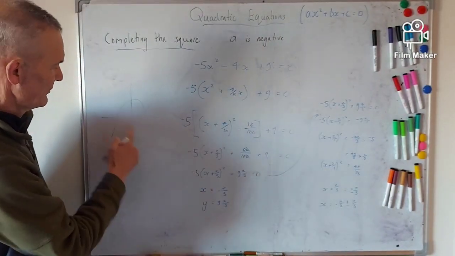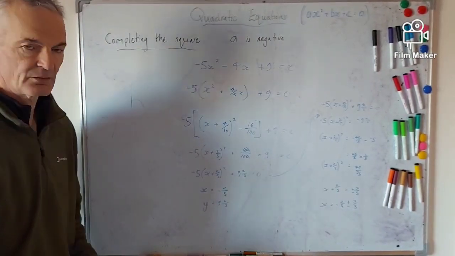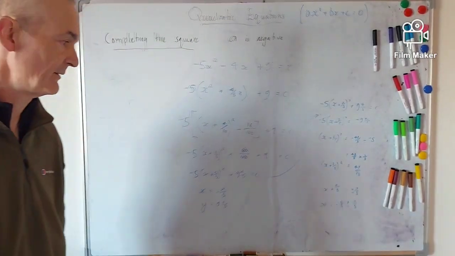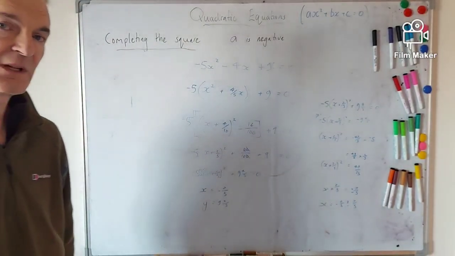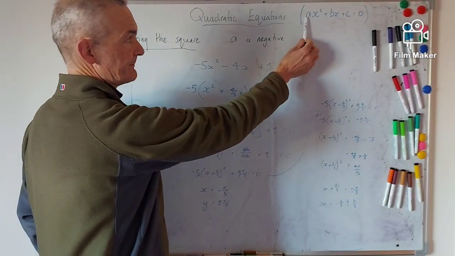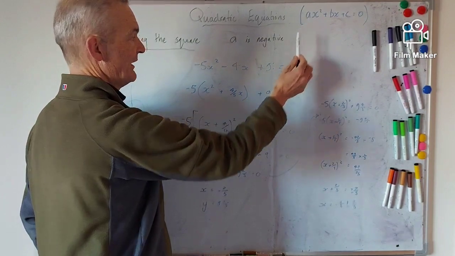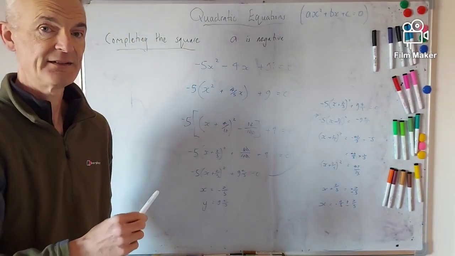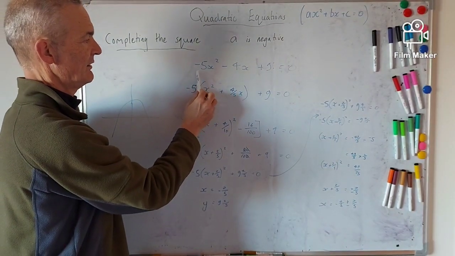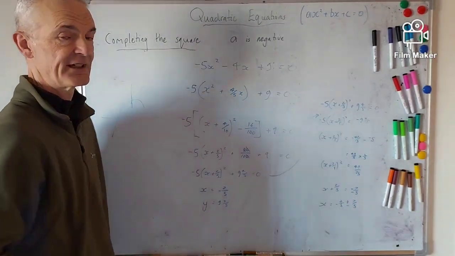Not quite got that one right. It's going to be to this side of the y, but you could plot that more accurately on graph paper if you wanted to. Okay, so that's how we complete the square, where we've got the a coefficient, where we've got it as -1 in the first example, and where we've got a higher number here, -5.